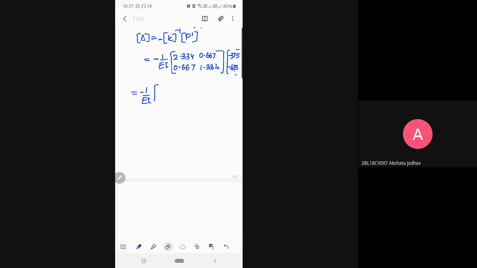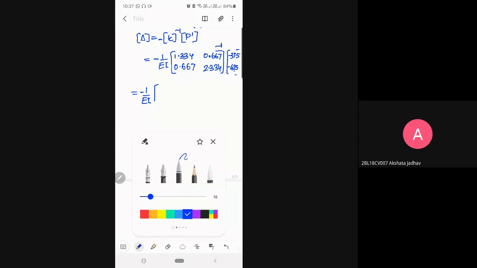Our matrix is 1.334, 0.667, 0.667, 2.334. This is the matrix, right? I have to take the inverse of this. How to determine the inverse of this is: interchange the principal diagonal elements and change the sign of the other two elements.